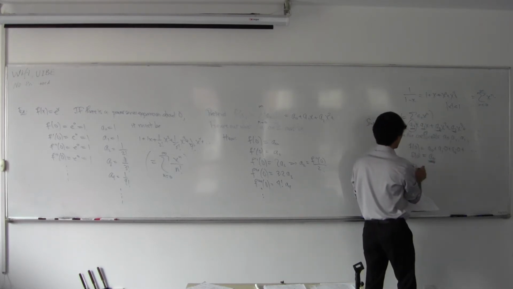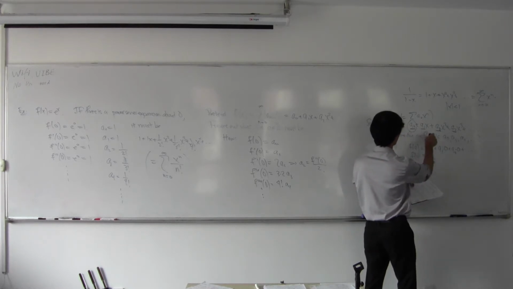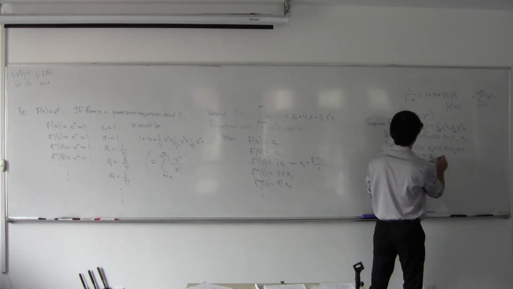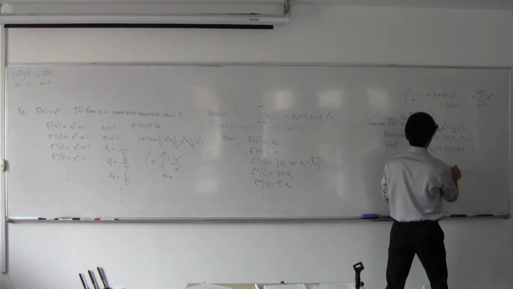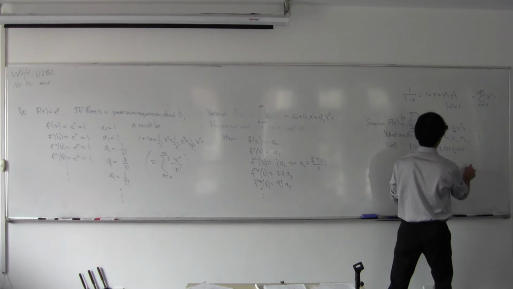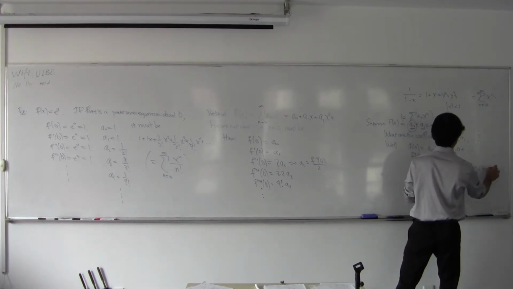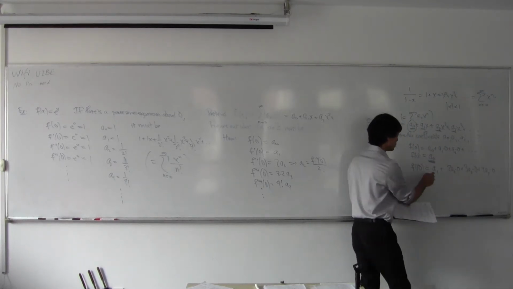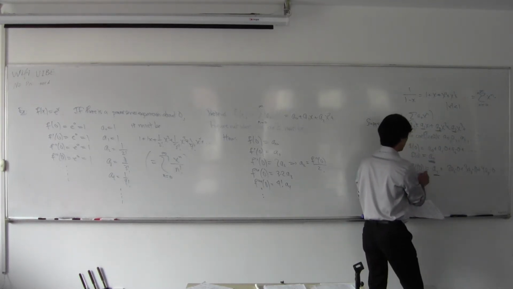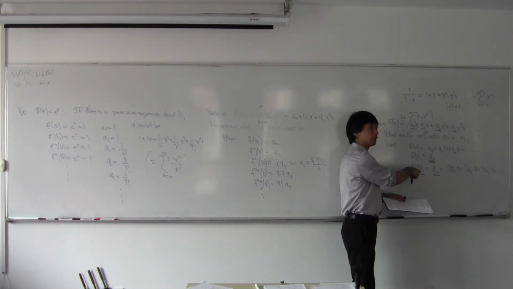If I take the first derivative and evaluate it at 0, what do I get? I'm going to get a1 plus 2a2 times 0 plus 3a3 times 0 plus 4a4 times 0, etc. So a1 is the first derivative evaluated at 0.